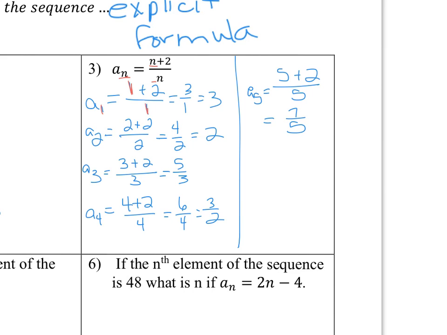So here and here. So n matches. These are the three n's. Wherever n is located in the formula, that's where you put it in the equation. So we got 3, 2, 5/3, 6 over 4, or 3 over 2 if you reduce, not necessary, and then 7 over 5.